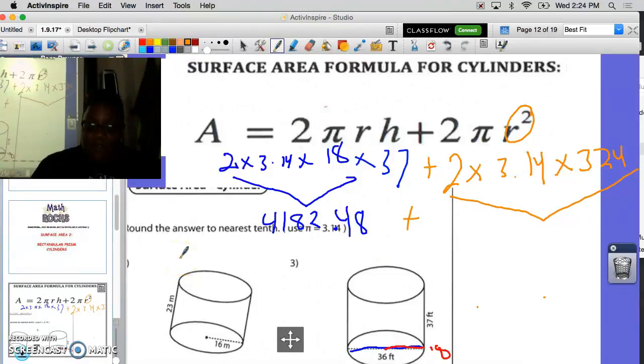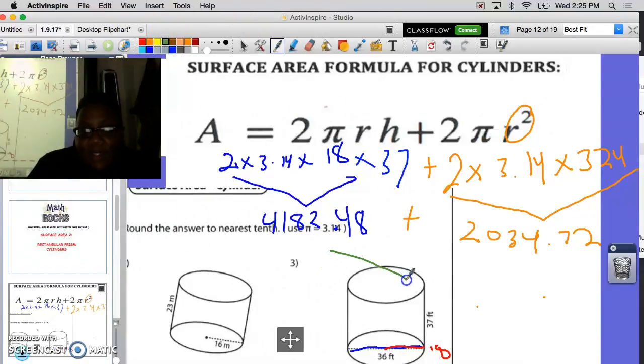Let's multiply those. I have 2 times 3.14 times the 324. That's 2,034.72.